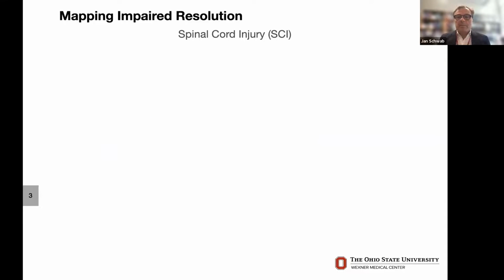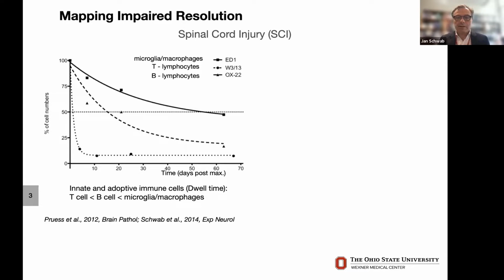So this non-resolving inflammation is associated with ongoing oxidative injury. So can we map impaired resolution after spinal cord injury, and learn more about which cell type is mostly affected? So these are resolution indices. Resolution index is basically capturing the time from a certain cell population reaching maximum numbers to the time when these numbers have been reduced by 50%. And here you can see different cell populations being demarcated.